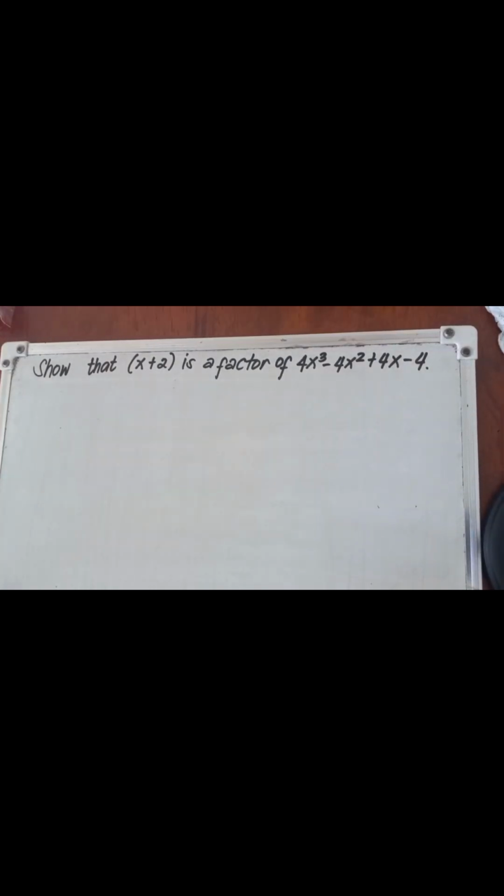Next example, let us show that x plus 2 is a factor of 4x cubed minus 4x squared plus 4x minus 4. First, let us use synthetic division to find out the remainder. And then later I will show you the second way, which is to calculate or evaluate the polynomial expression.